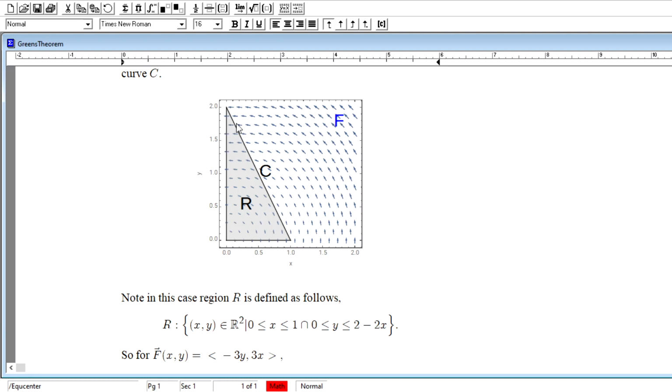And if we integrate all of those curls at every single infinite point over R, it will tell us that the circulation on the boundary of this region R, defined by the curve C, is also the value of 6 in its measurement, in its description. This is being produced by this field F seen here, where you would notice that it does appear that a positive curl measurement would be appropriate.